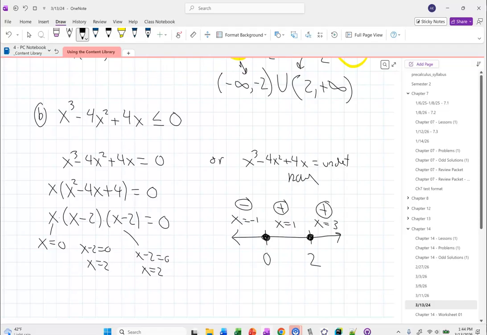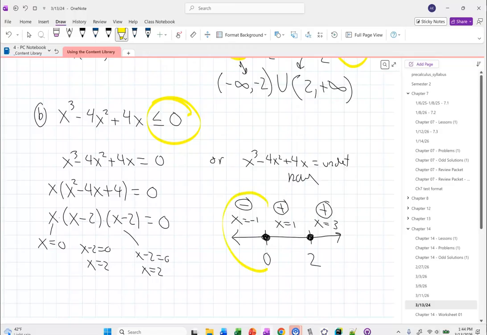Everybody's happy? Now I'm going to translate that into my answer. What parts am I looking for? Less than or equal to 0, right? What parts of my sign diagram are less than or equal to 0?